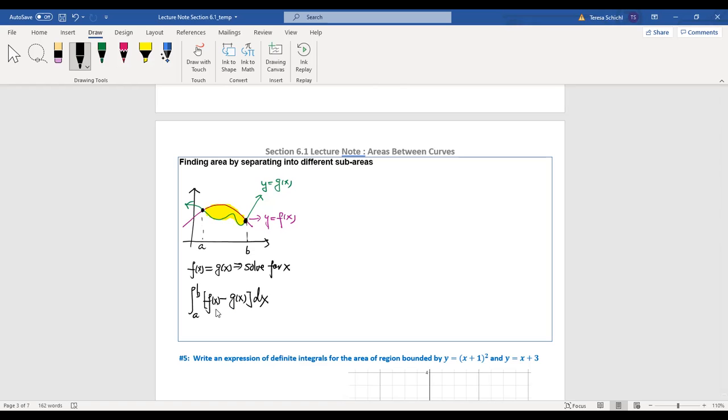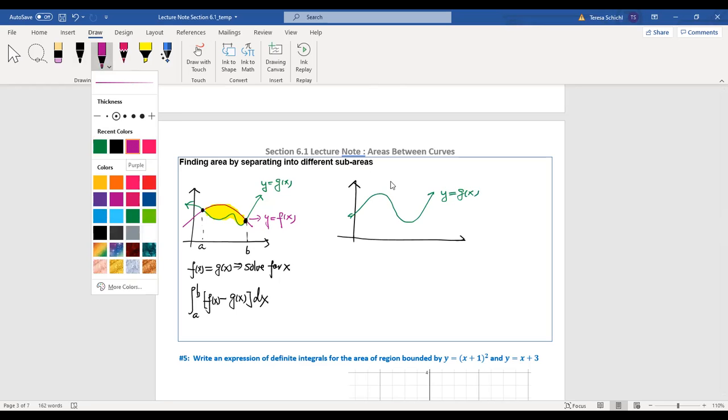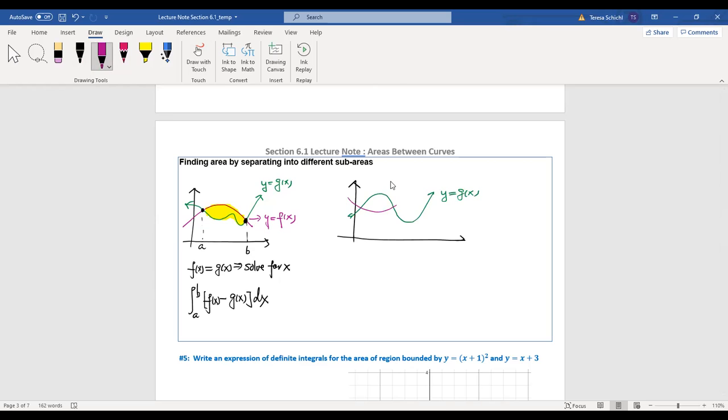Okay, so now let's take a look. Sometimes your curve is like this. For example, one of my curves goes like this, and let's use the same notation: this is y equal to g of x. Then I have another curve, my purple curve, and this is y equal to f of x.